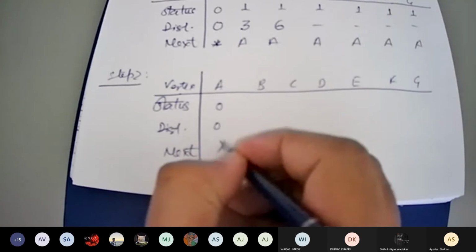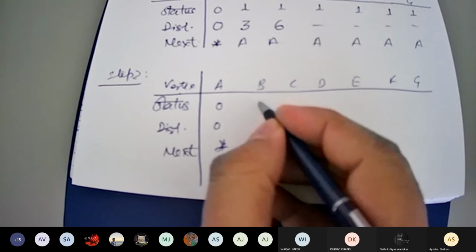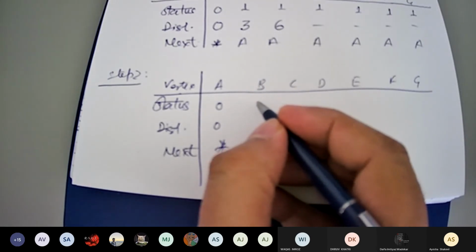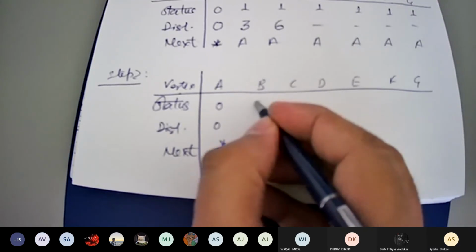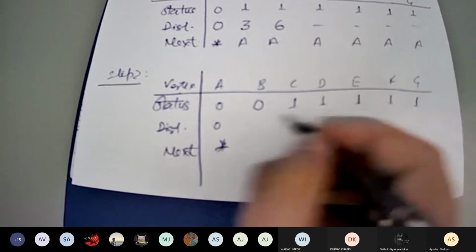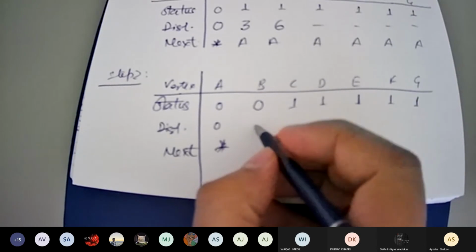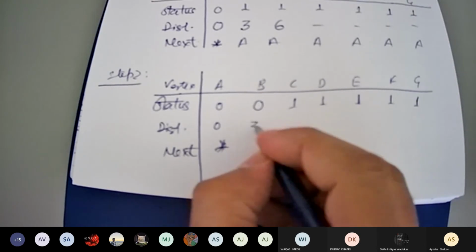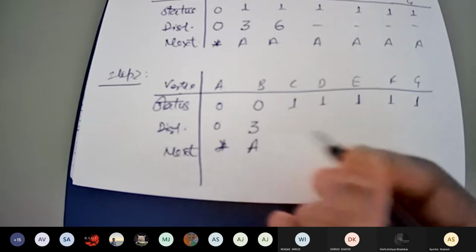Now, what will be the status here for B? You have reached B with the minimum, so this will be 0, but the rest are still not minimum. And now what is the distance? 3, and coming from A.